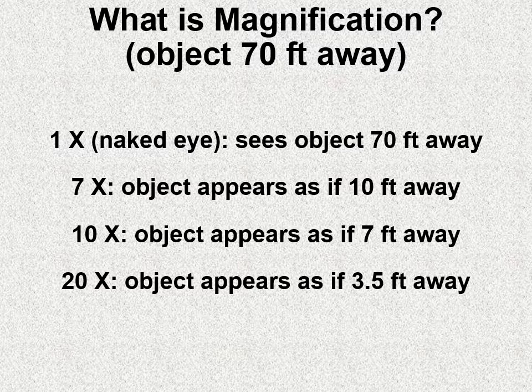And if you had a binocular that was 20 power, the object would appear as if it was 3.5 feet away. You can say, hey, this is really great, because if I had a pair of binoculars that was 70 power, it would be 1 foot away. The trouble is, it would be so massive and so big that you probably couldn't hold it steady enough to see that thing in front of you 1 foot away.